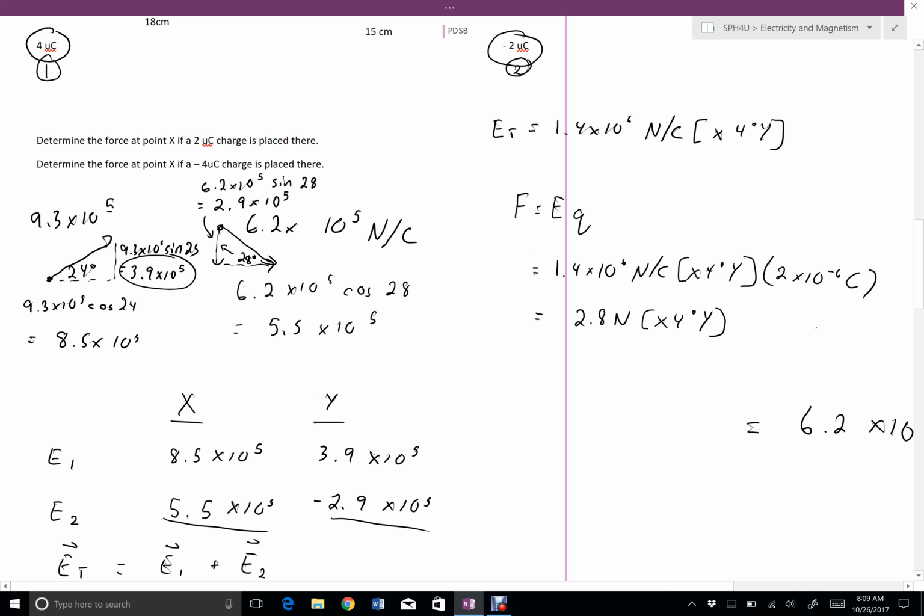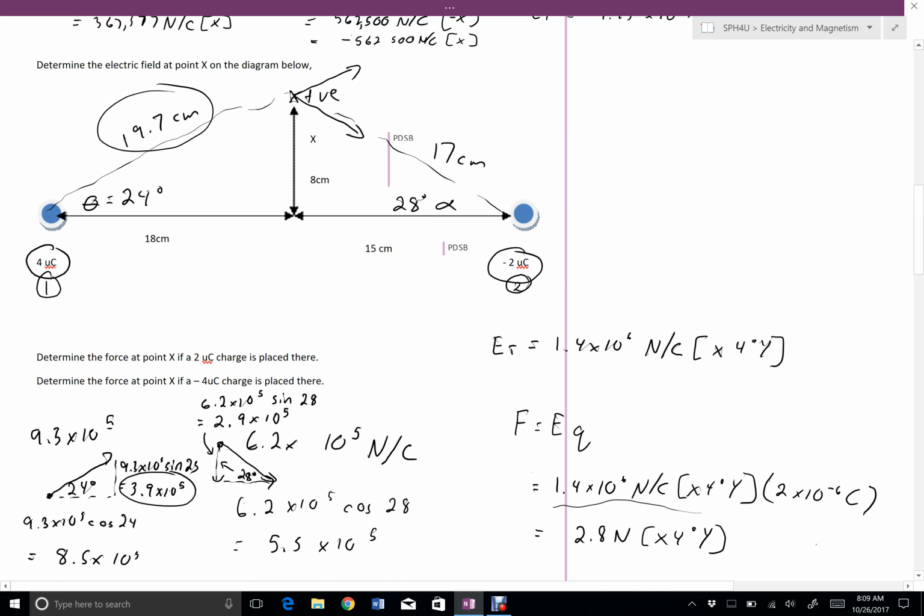And that's pretty easy. So we can imagine if we did all of the big work to get this, we could put a large variety of different charges at point x and predict what the resulting force would be on those charges. So that's half of what I want to illustrate here. The other half is, if you'll recall, way back at the beginning I said we're going to use a positive test charge to determine this electric field.